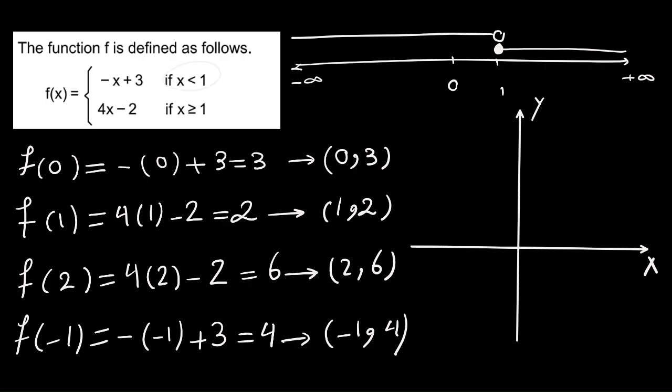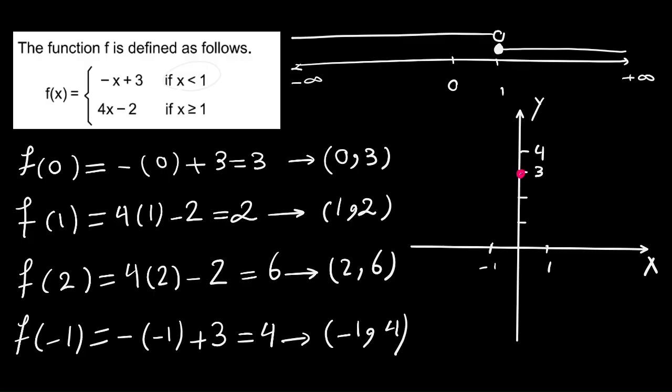X can be less than 1. So I can use 0 and 3, negative 1 and 4 to sketch the line. So this is negative 1. Here's 4 and 0 and 3.